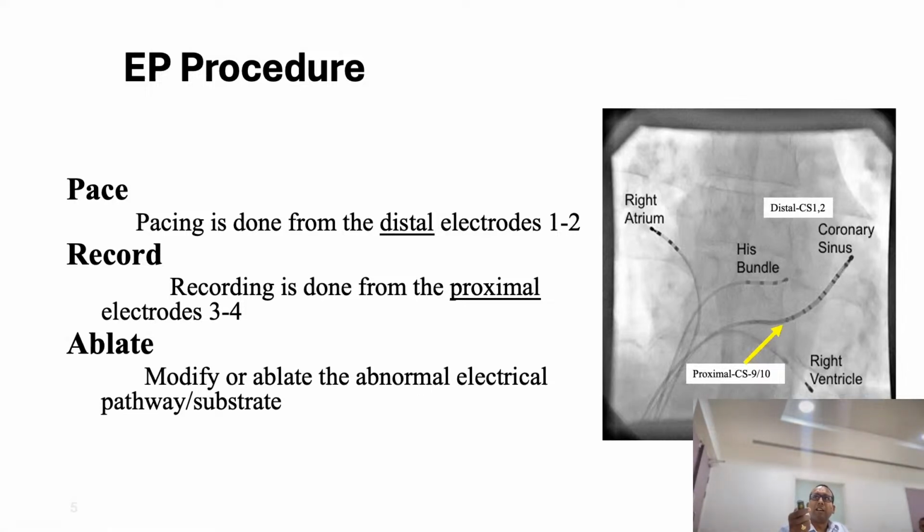That this conventional way of nomenclature in the EGMs, or we can say the EP lab, is the proximal is having the higher number 9 and 10, and distal, you can see the number should be starting from here to down. It should not be here to up. So this is the important convention that we have to apply wherever.